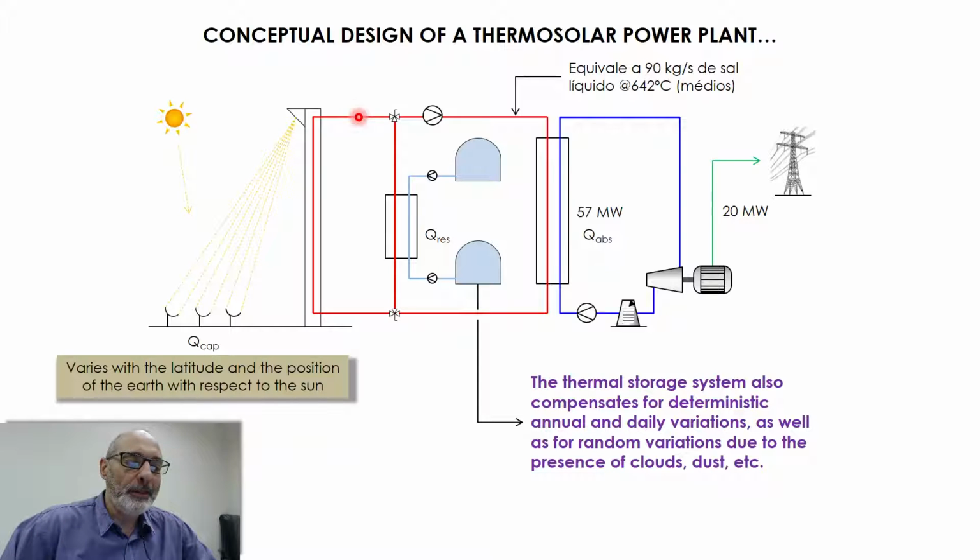During the day, if I double the number of mirrors, so instead of absorbing 57 megawatts, I'm absorbing 114 megawatts, half of these megawatts, 57 megawatts, goes to the secondary, and half flows to this branch here, and it's going to heat liquid salt from the cold reservoir to the hot reservoir.